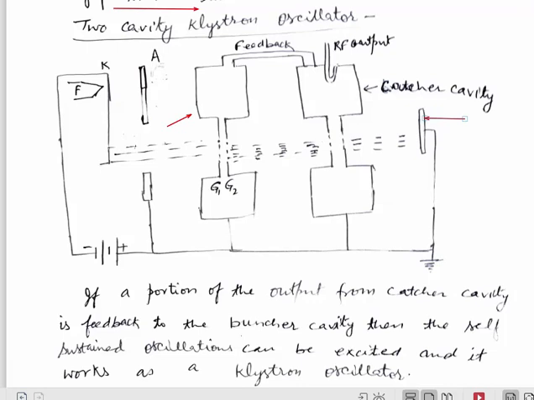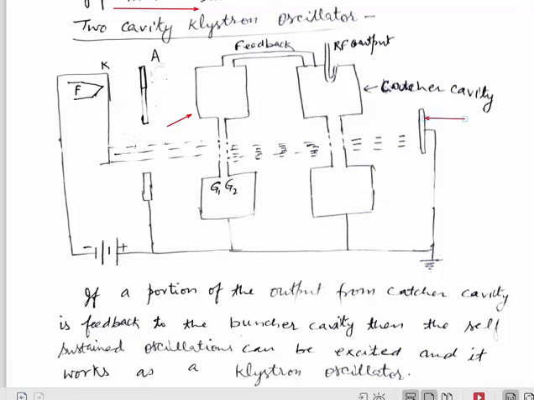Now in the case of the two cavity klystron amplifier, this first cavity is excited by the input signal V1 e raised to the power j omega t, but if a small portion of the output from the catcher cavity is fed back by a feedback line to the buncher cavity, then self-sustained oscillations may be obtained, and the buncher cavity will be self-excited by the feedback signal obtained from the catcher cavity.